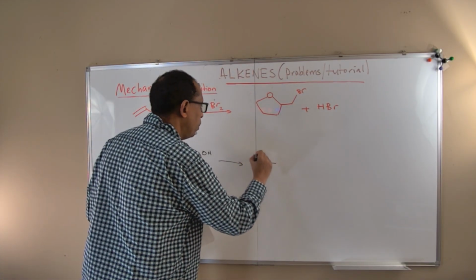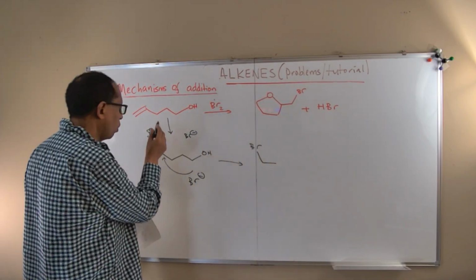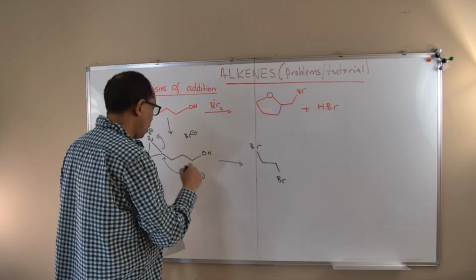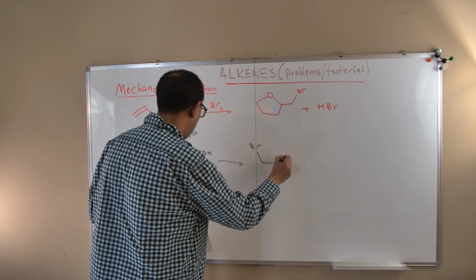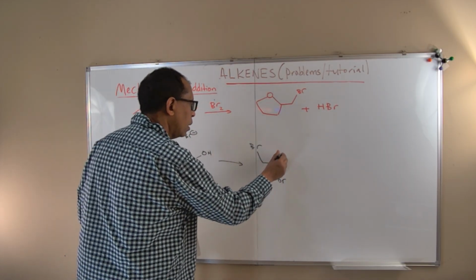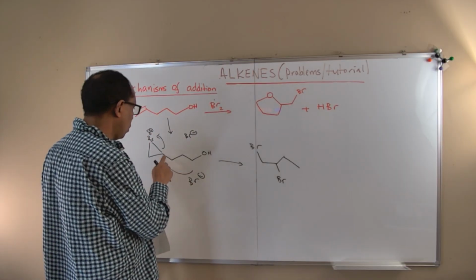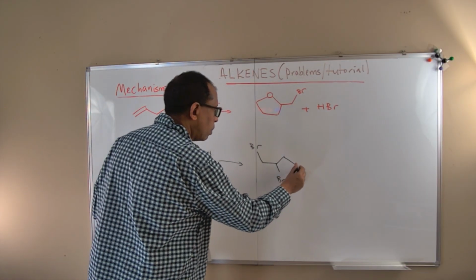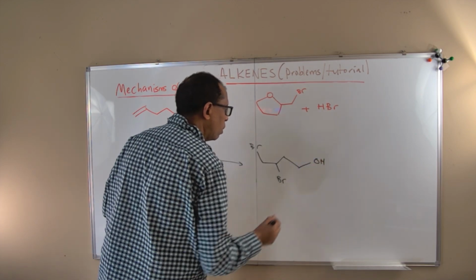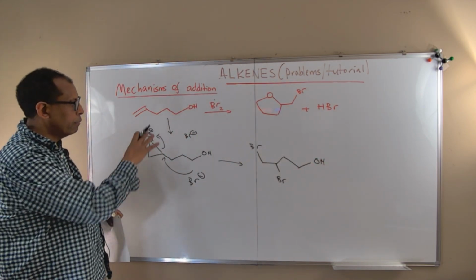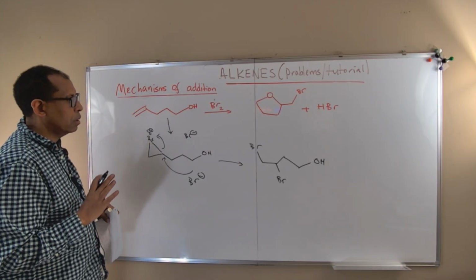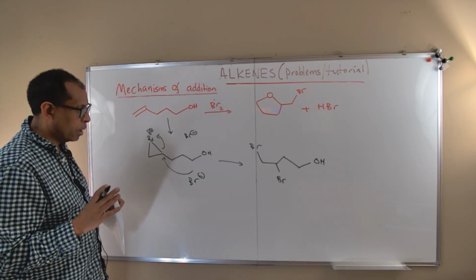The bromonium opens back, Br would be here, and you have that carbon, another carbon, carbons 1 and 2, the third carbon, and OH. So you form this dibromo compound from bromine addition through a bridged intermediate. That's what I want to emphasize here.